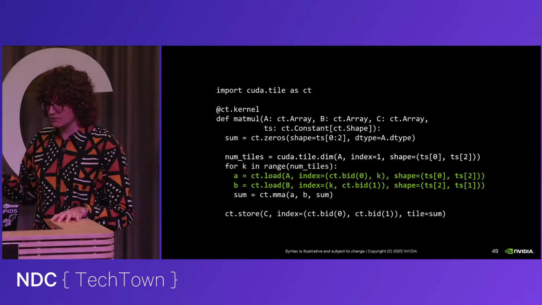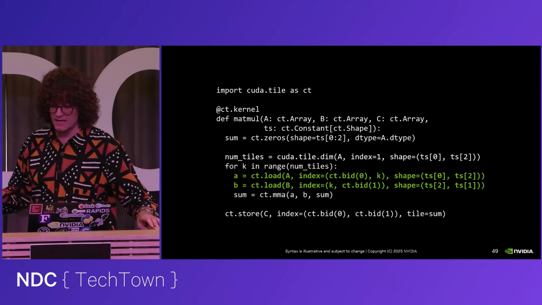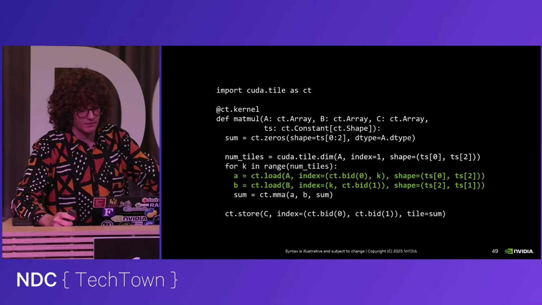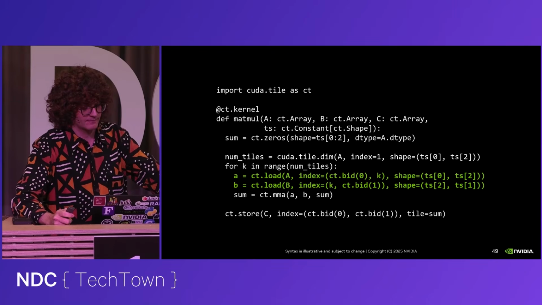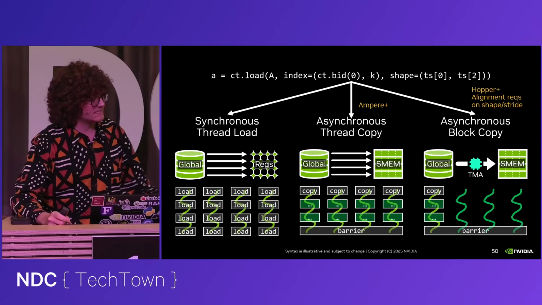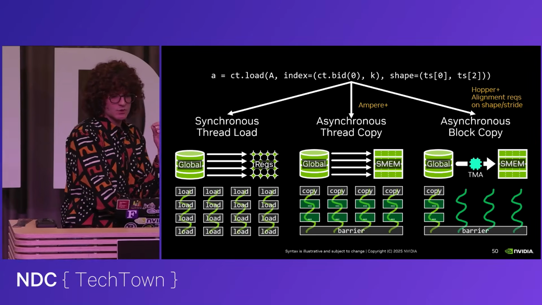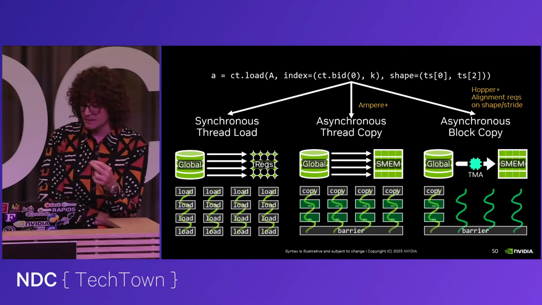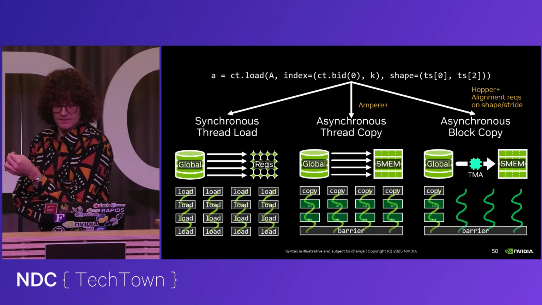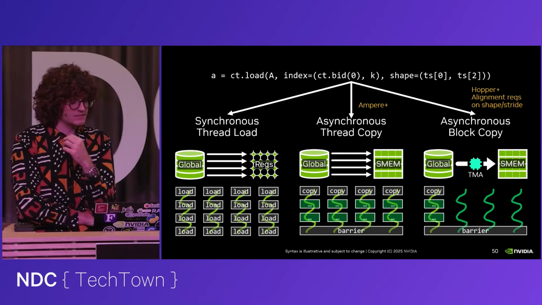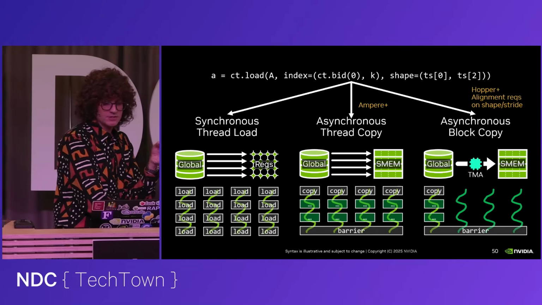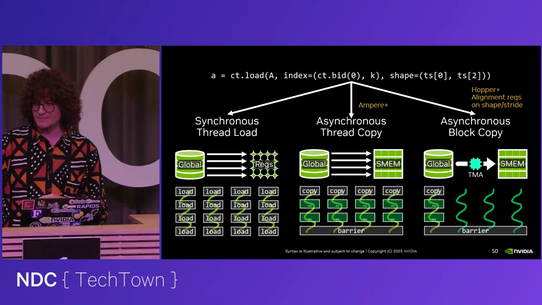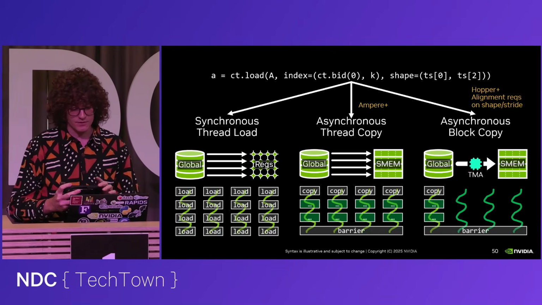The load and store operations are a portable abstraction over the many different strategies for memory movement that are available in CUDA today. For example, load could lower to traditional synchronous instructions that are executed by every thread, potentially vectorized. Or it could use the asynchronous thread copy instructions available in newer GPUs, allowing memory movement to be overlapped and pipelined with compute.